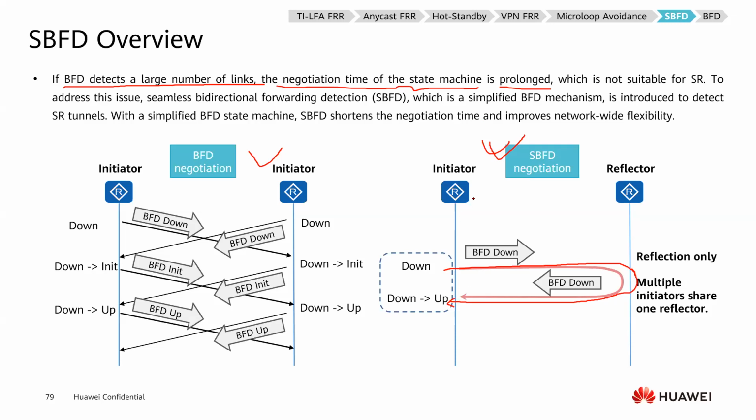It is a little bit like one-arm mode for BFD. You can think of SBFD as similar to one-arm BFD: sending out and sending back. If I receive the reply packet, I think, okay, this tunnel is okay.